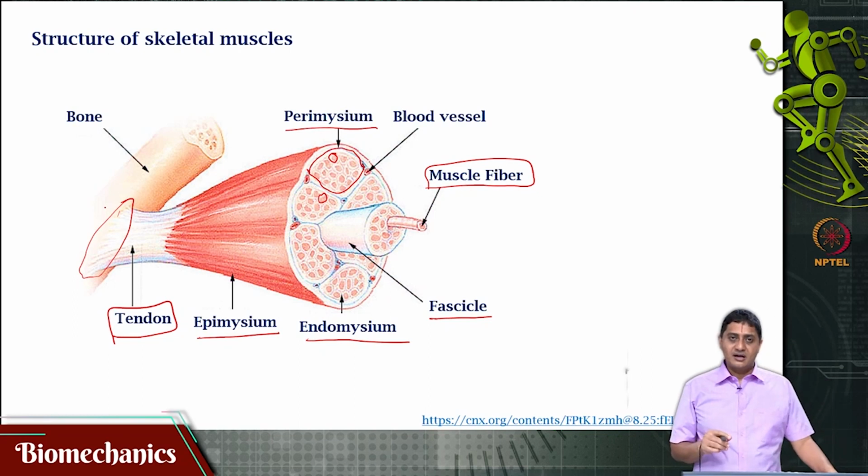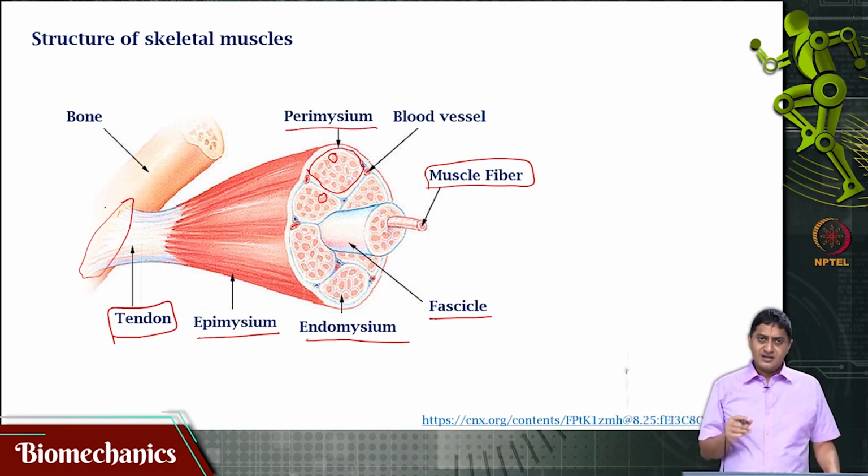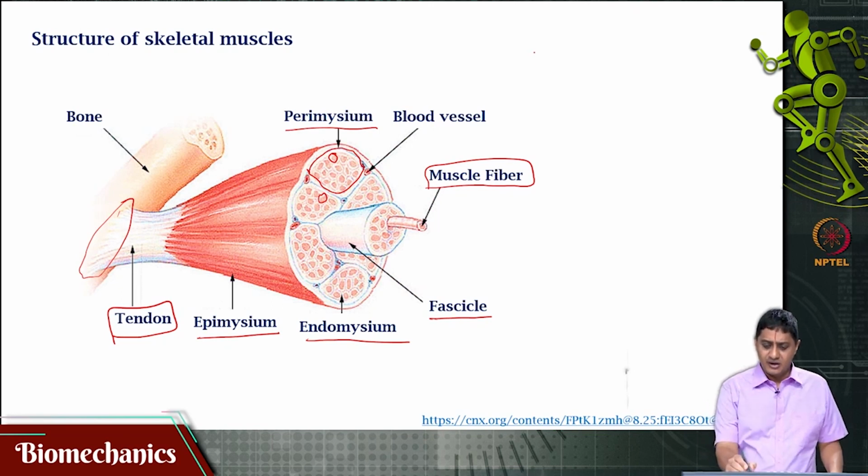That part of the attachment that happens on the proximal side is called origin. We know this, we have seen this in a previous class. And that part of the attachment that happens on the distal side is called insertion, the distal attachment.